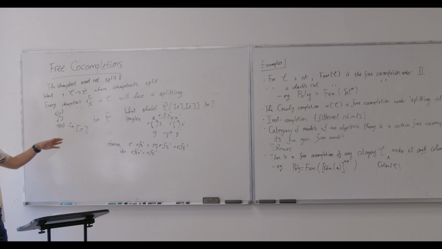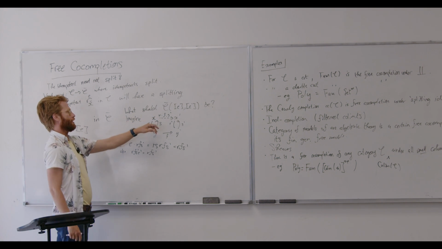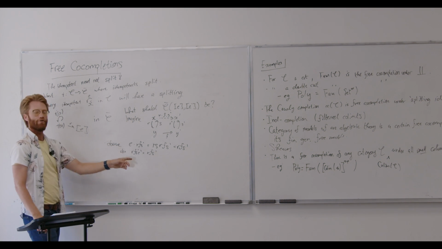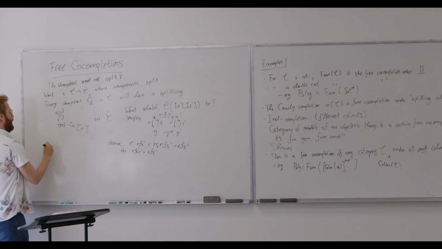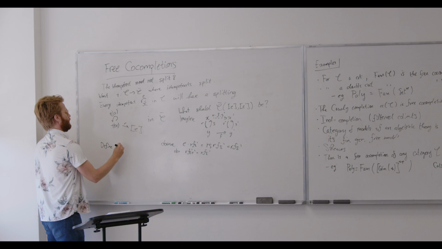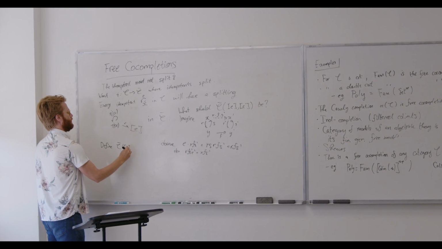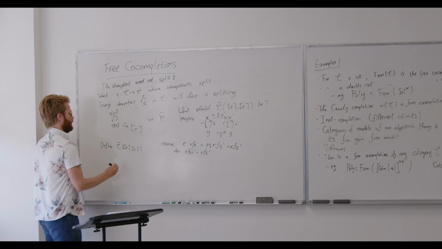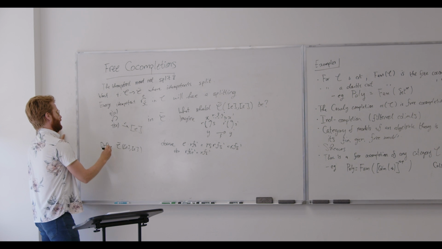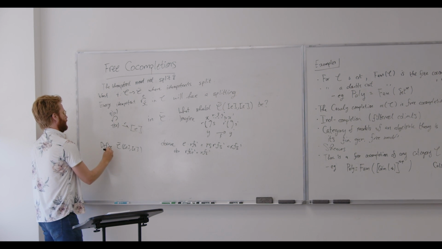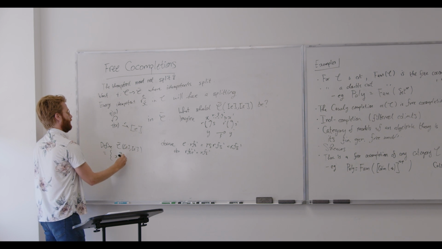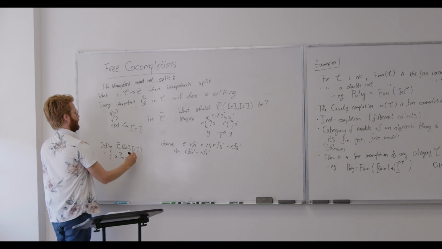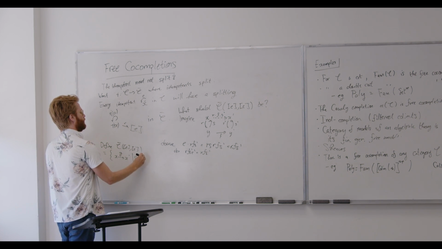And you can check that a map X to X prime is of this form if and only if these two properties hold. So we define, and here's the final definition, define C bar E to E prime to be the maps X to X prime, don't say F again, such that E then G equals G and G then E prime equals G.